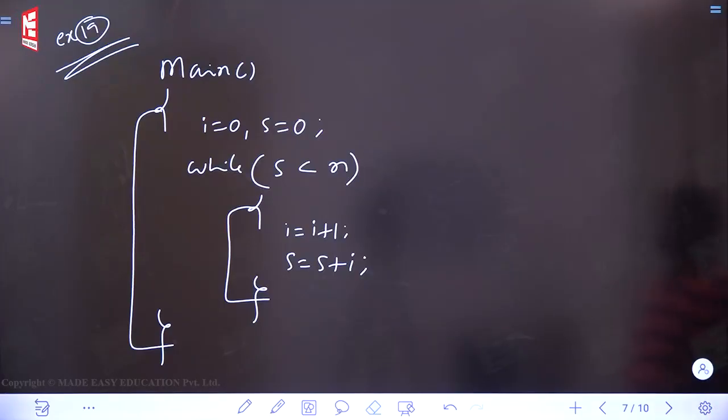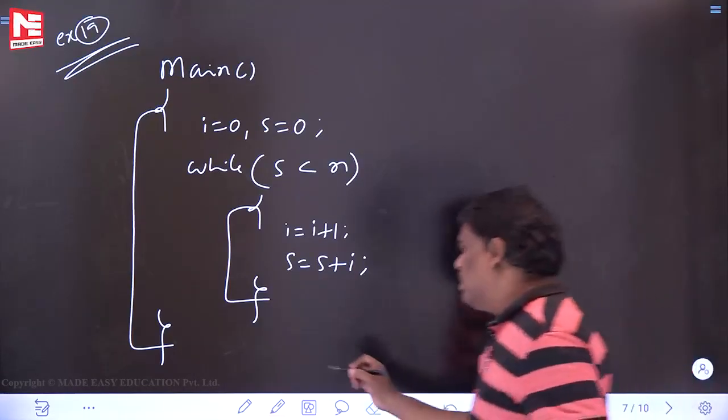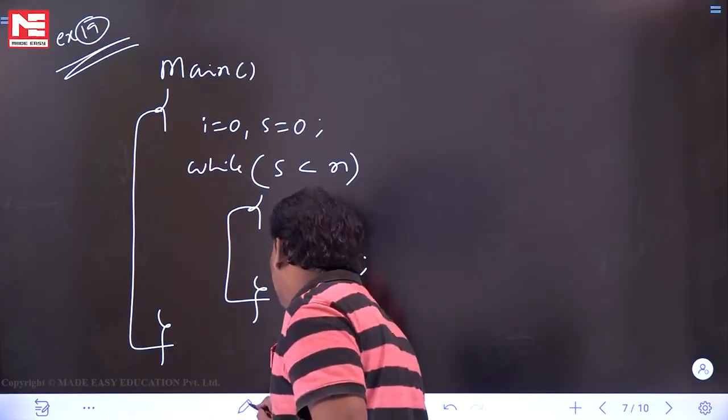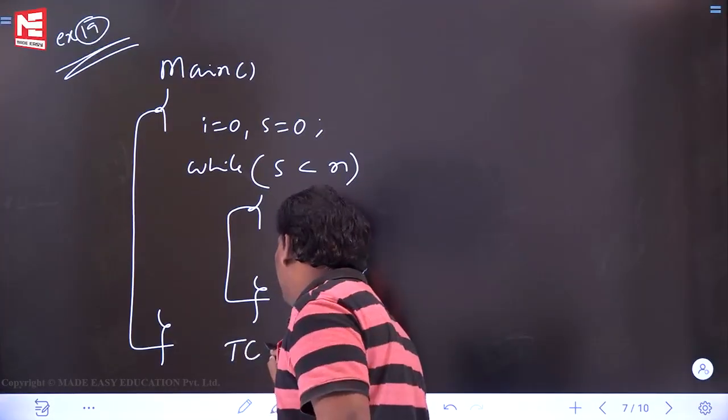Main, I is equal to 0, S is equal to 0. While S less than N, I is equal to I plus 1, S is equal to S plus I. This is the thing which is going on. They are asking for this program what will be the time complexity.